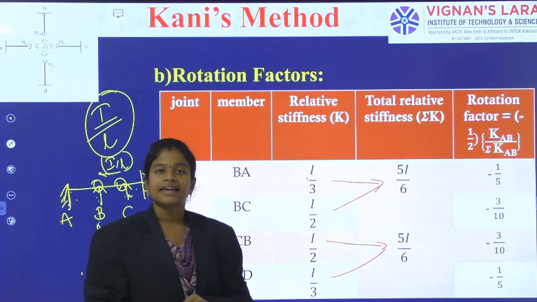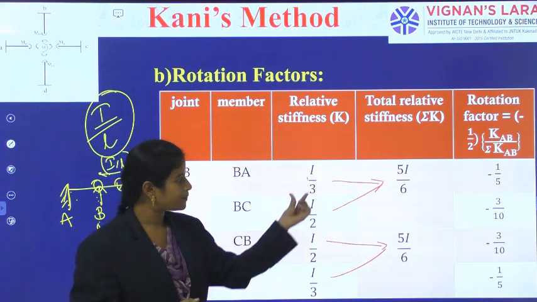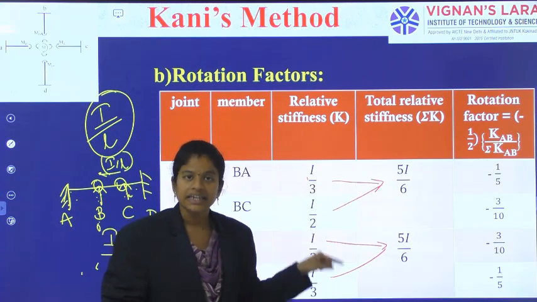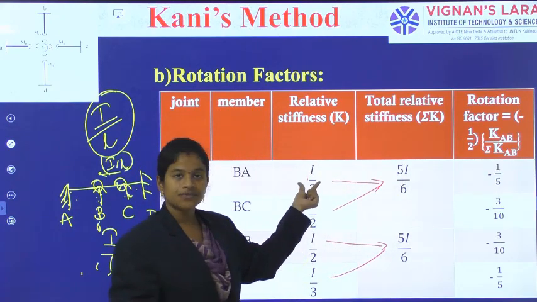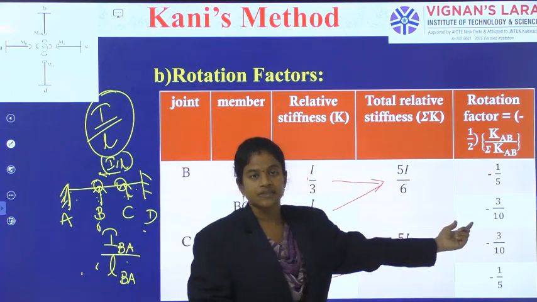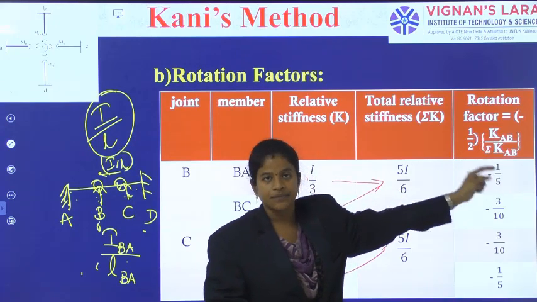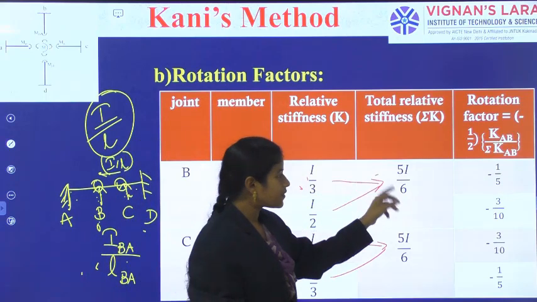Now again the calculation of the rotation factor. In the case of the distribution factor, it is simply the particular member's relative stiffness by the total relative stiffness. But here in the rotation factor, it is minus 1 by 2 into the relative stiffness of the particular member by the total relative stiffness. So minus 1 by 2 into K_AB by sigma K. Okay, so minus 1 by 2 into I by 3 divided by 5I by 6.